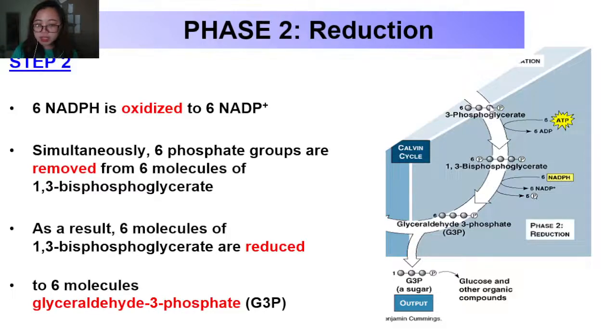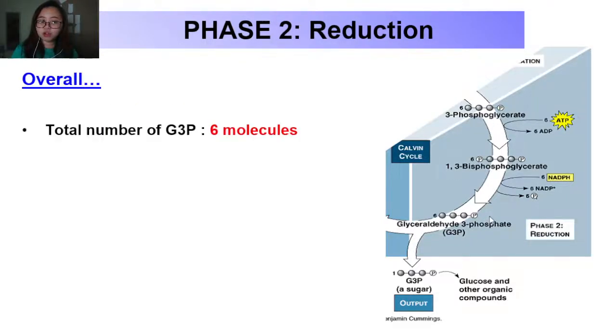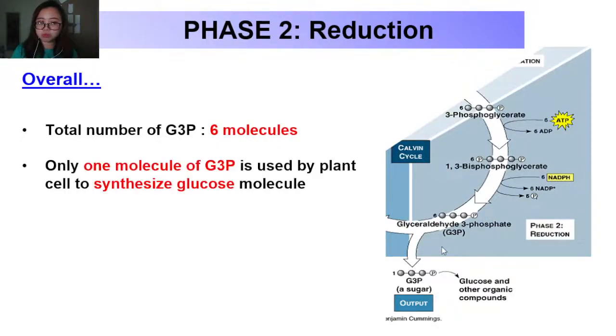So daripada ini menjadi G3P, which is something you've heard of before. So it's going to become 6 molecules of glyceraldehyde 3-phosphate. Overall, total number of G3P produced is 6 molecules.